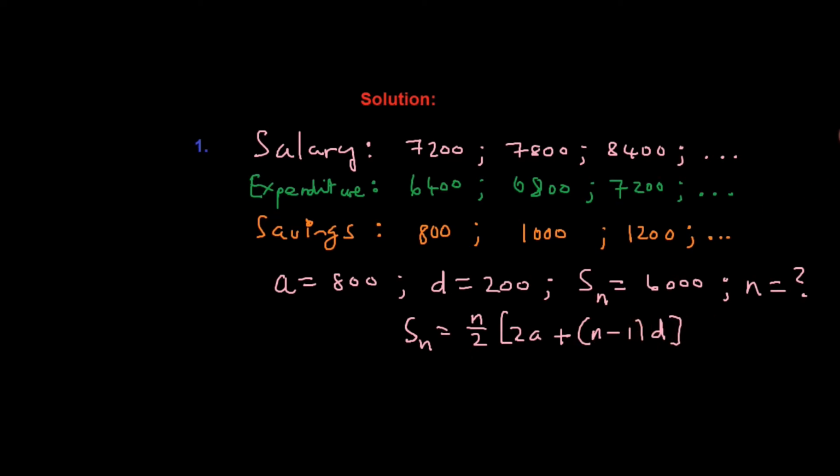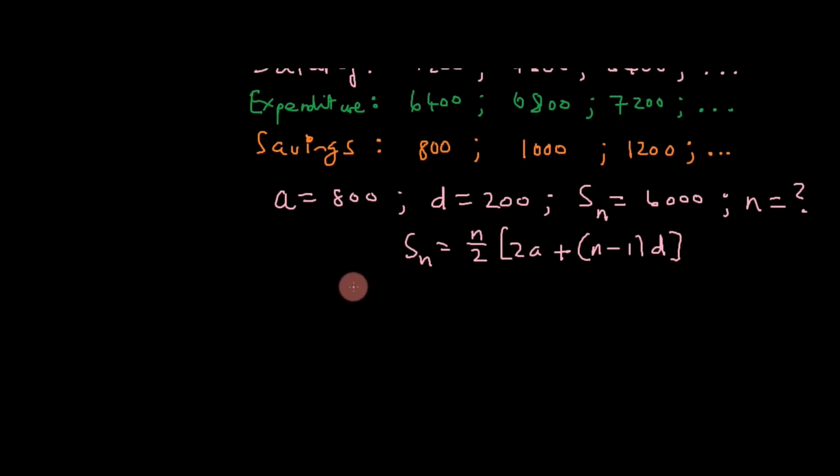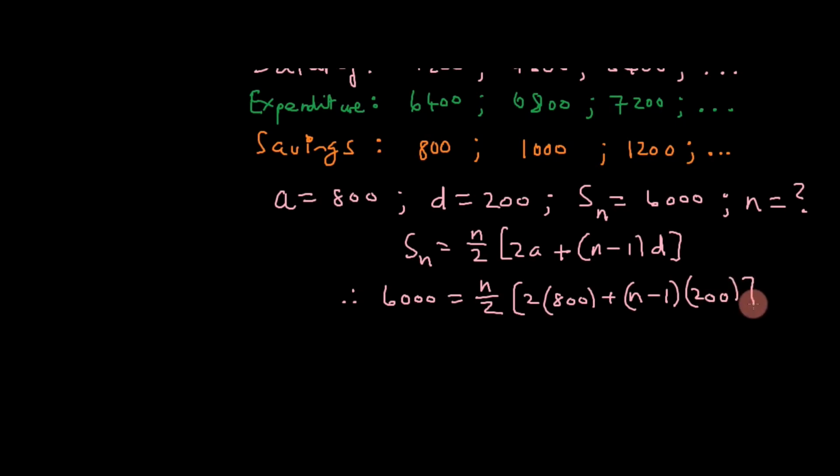And plugging in our values, we have 6,000 equals n over 2 into 2a plus n minus 1 times d. We can get rid of the fraction by multiplying both sides by 2. So that's 12,000.